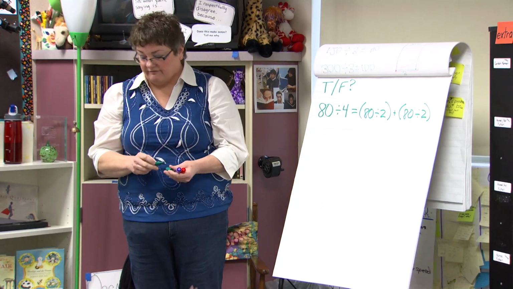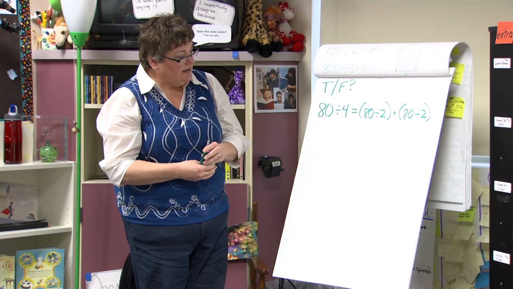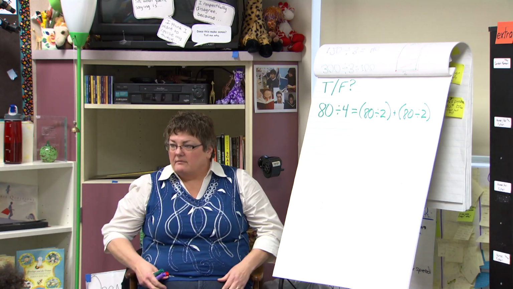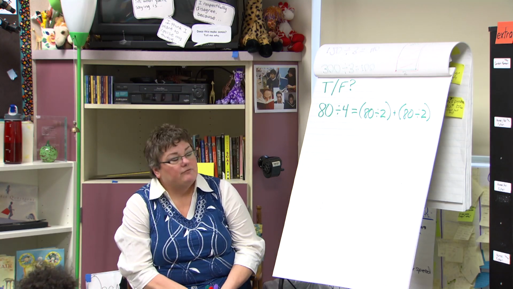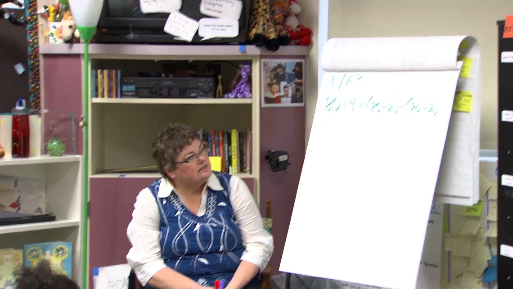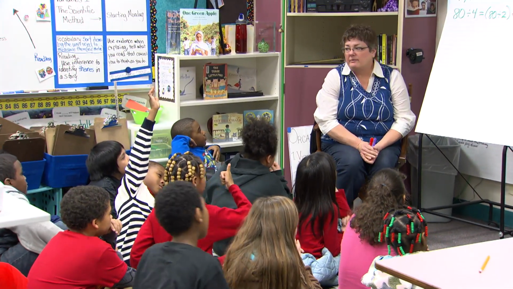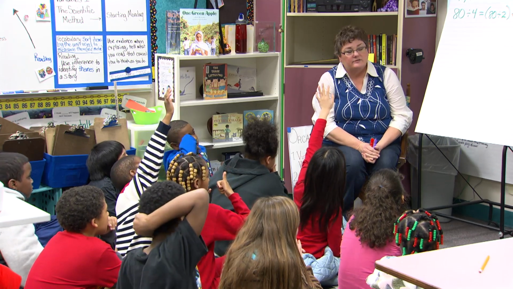I want you to think carefully. 80 divided by 4, I could put a story problem around this. 80 Skittles divided by 4 kids is the same amount as 80 Skittles divided by 2 kids plus 80 Skittles divided by 2 kids.